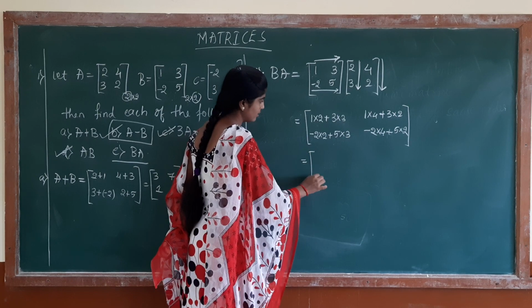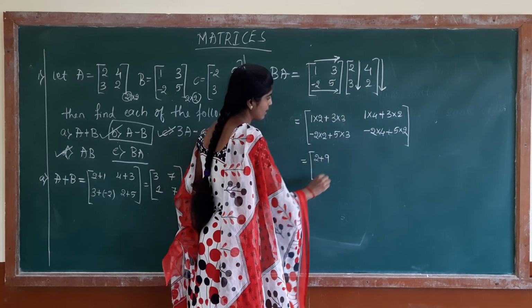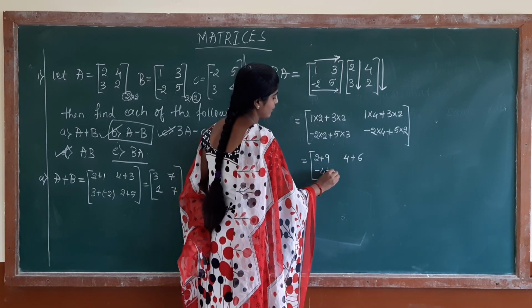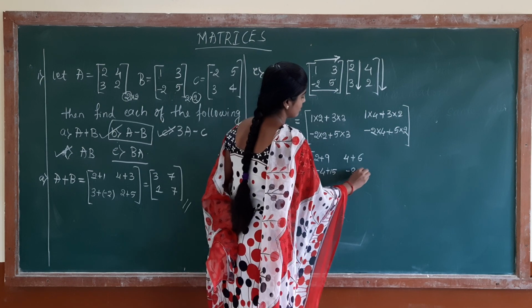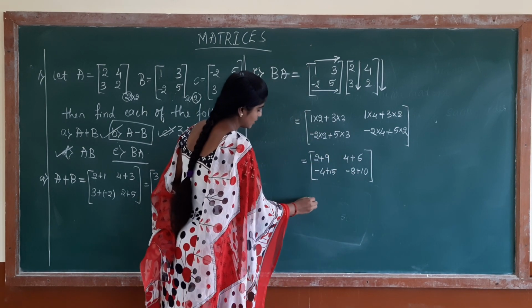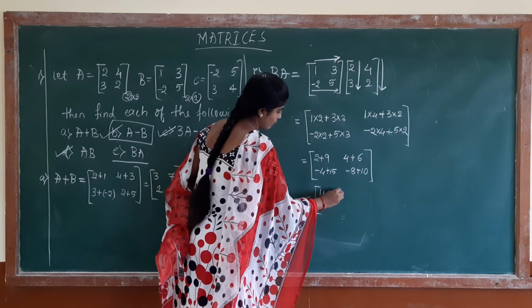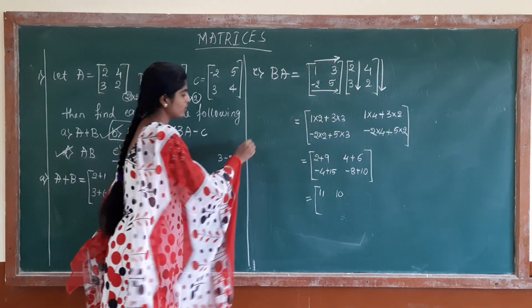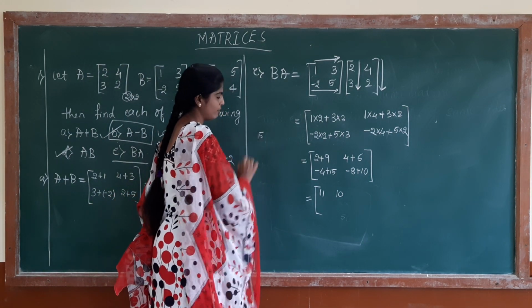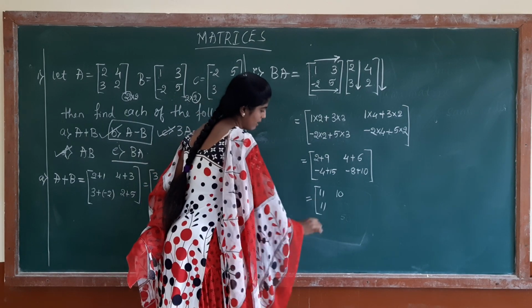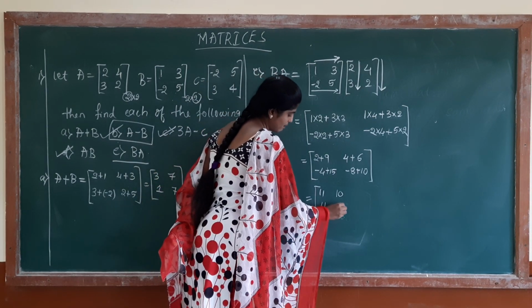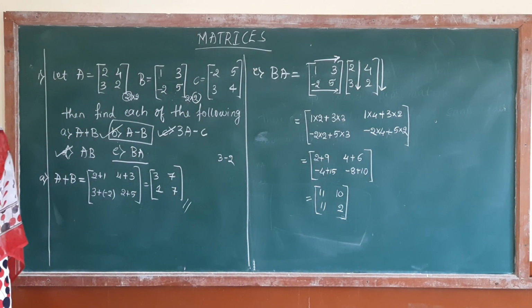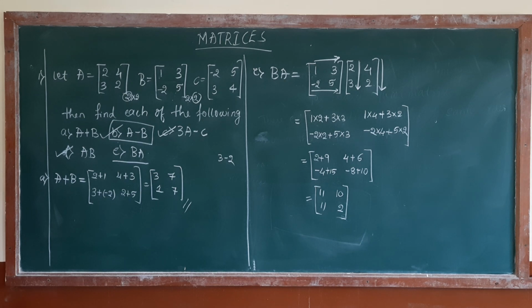Then we have the answers 2 plus 9, 4 plus 6, minus 4 plus 15, minus 8 plus 10. So 9 plus 2 is 11, 4 plus 6 is 10, minus 4 plus 15 is plus 11, and minus 10 plus 8 means plus 2. It is the required answer of the matrix multiplication B into A.